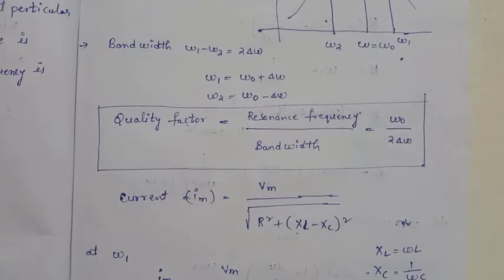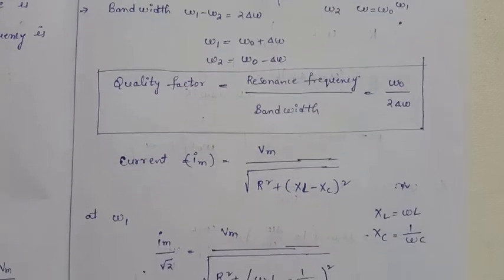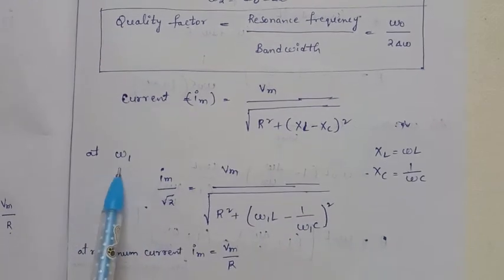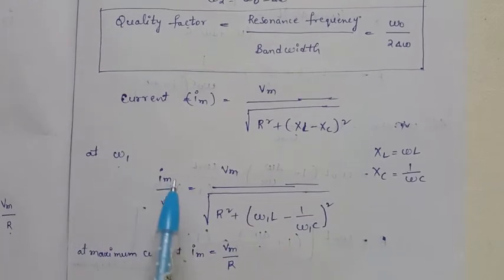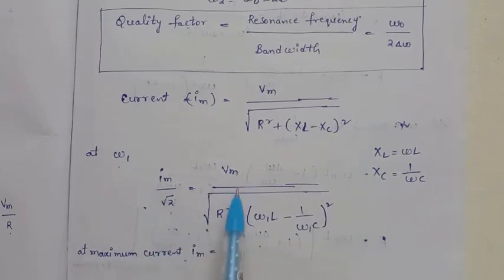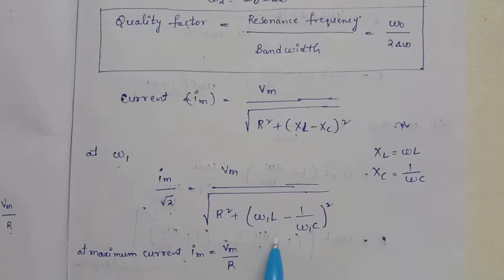Now we derive it. The current is equal to Vm upon root of R square plus XL minus XC whole square, and at omega 1 the current is taken as Im by root 2, that is Vm upon root of R square plus omega 1 L minus 1 by omega 1 C whole square.